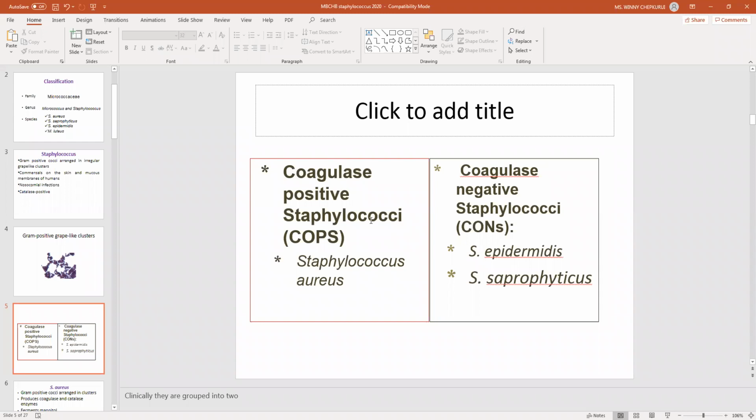Staphylococcus aureus is the one that is able to produce coagulase, so we call it coagulase positive Staphylococcus, or COPS. The ones that don't produce the coagulase enzyme, we classify under coagulase negative Staphylococcus species, the CONS. Here we have Staphylococcus epidermidis and Staphylococcus saprophyticus.